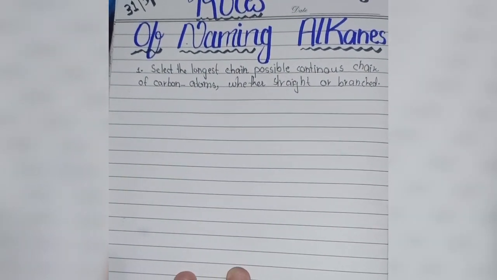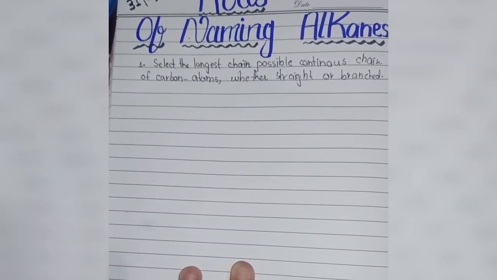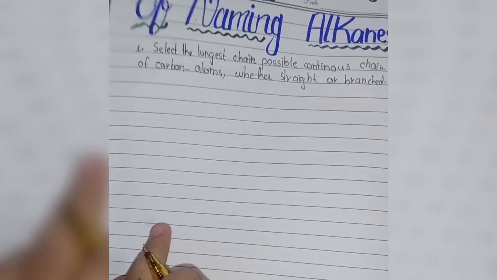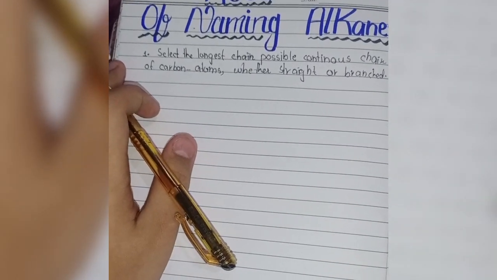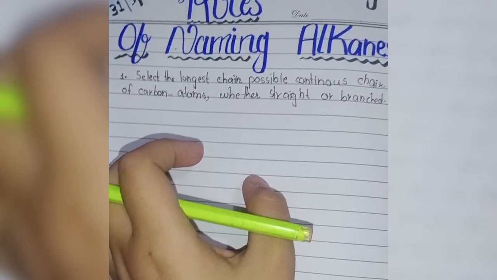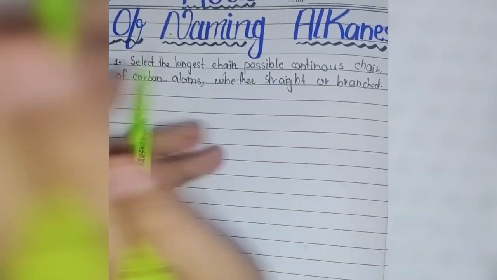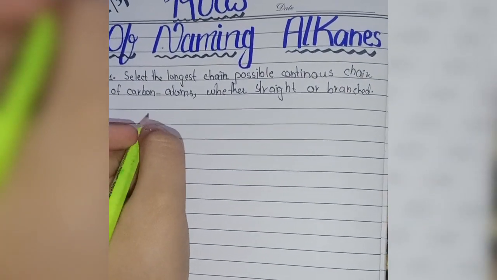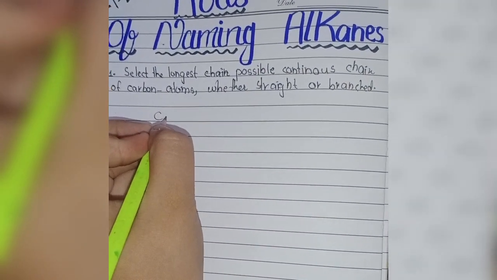So this is select the longest possible continuous chain of the carbon atoms, whether those are straight or branched. Let's take one example of an alkyl radical, and I'm taking hexane.